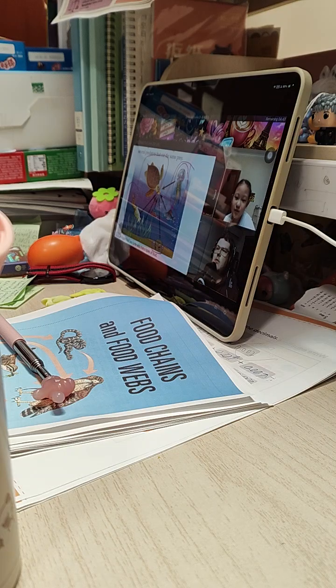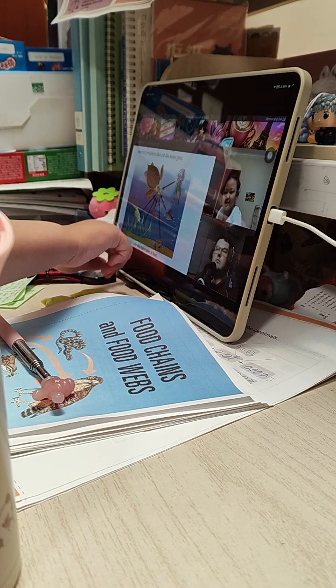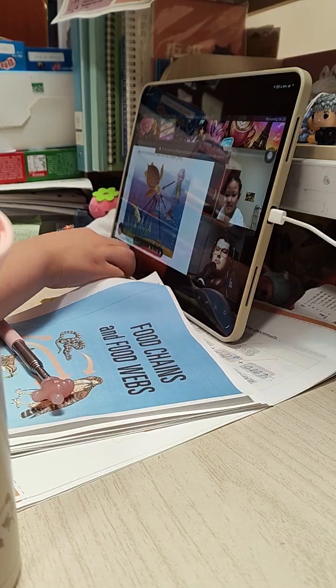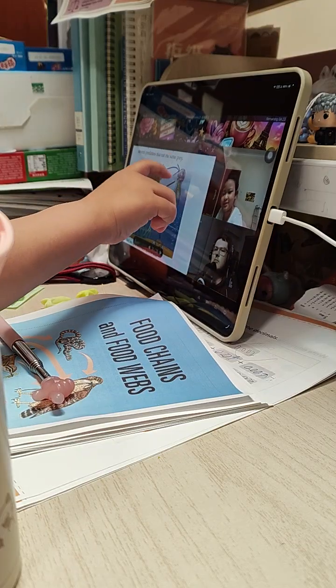A food. I think it's a food web, not a chain. Yeah, that's a food web. Why do you think it's a food web? It's not just the squid gets eaten by, it's not just this and this and this.